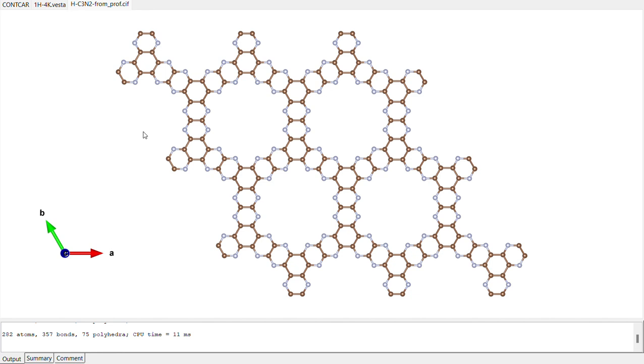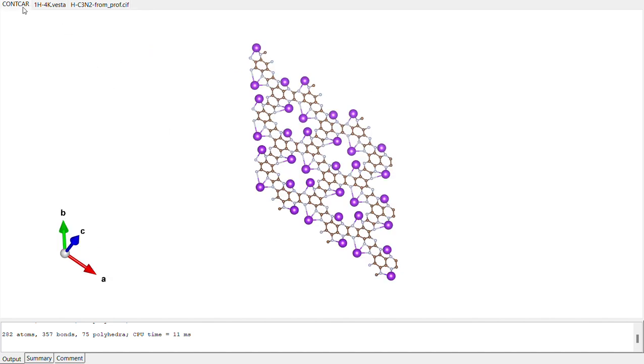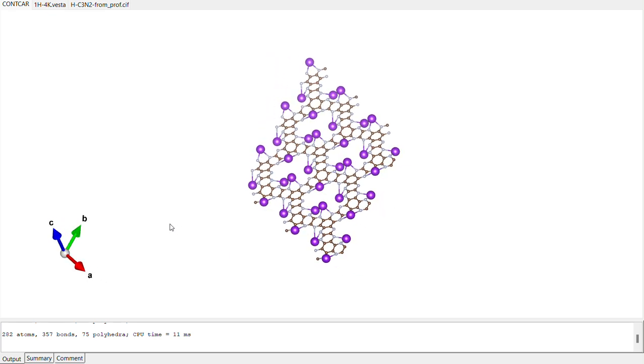C3N2 is also stable, so there's no binding force between hydrogen and this carbon nitride sheet. Therefore, to make hydrogen bind with this sheet, we are adding the metal atoms.